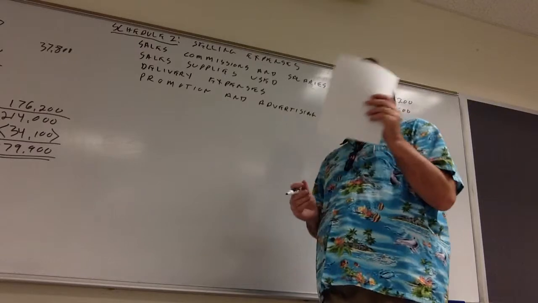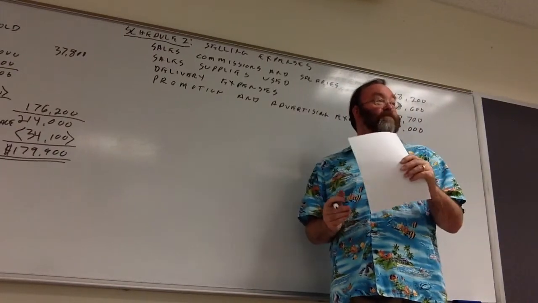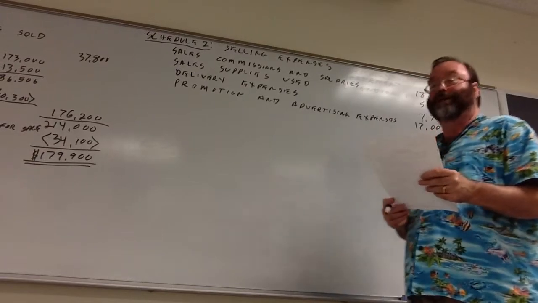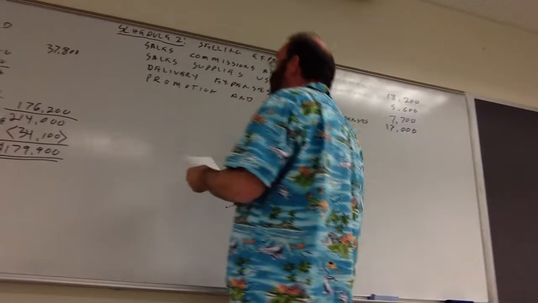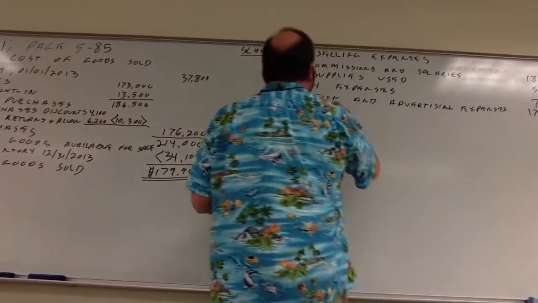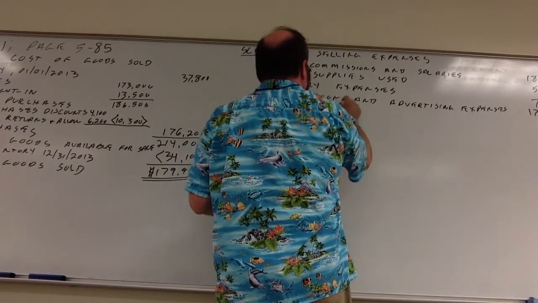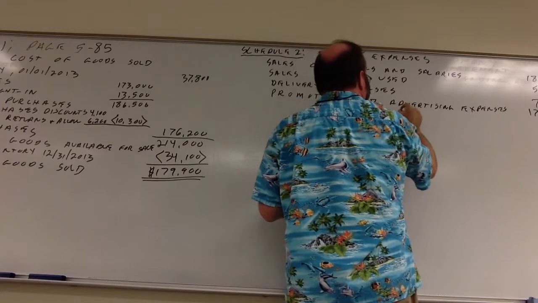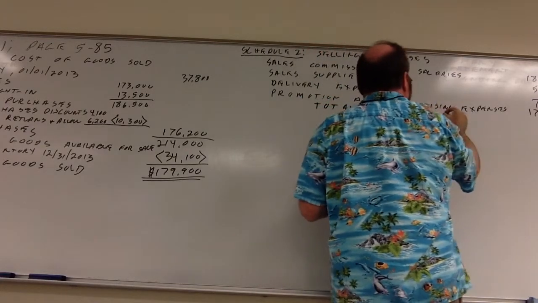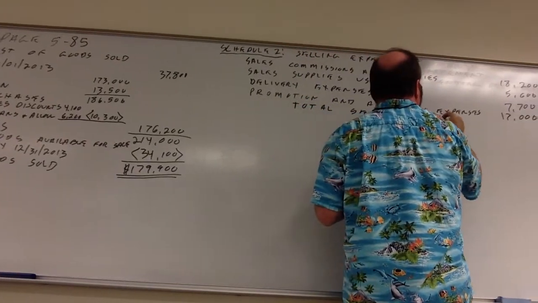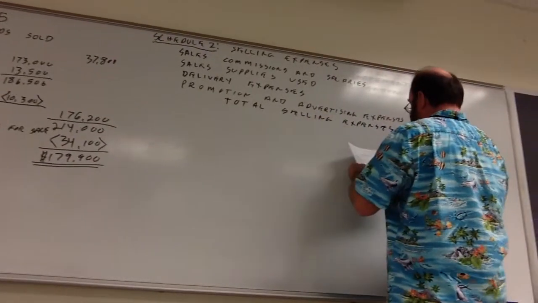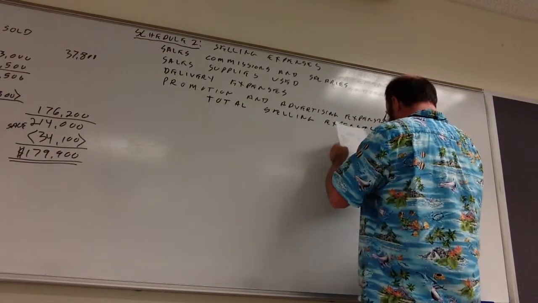It will not gain you any favors with the sales staff, but it will collect invoices. All right, so I'm going to end this here because this is where the textbook does it. Total selling expenses of $48,500.